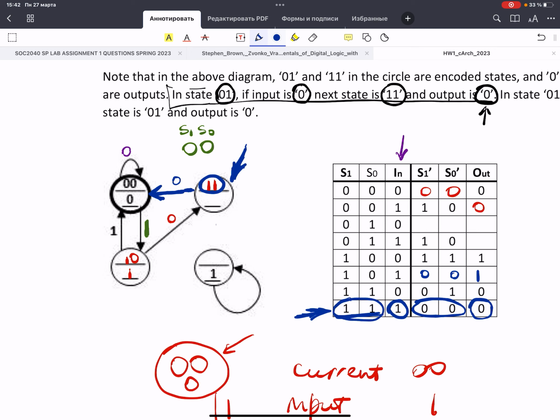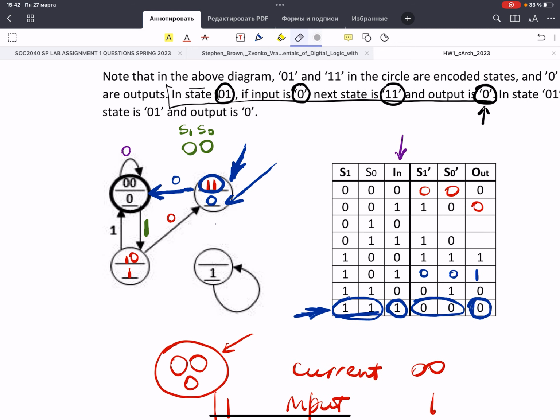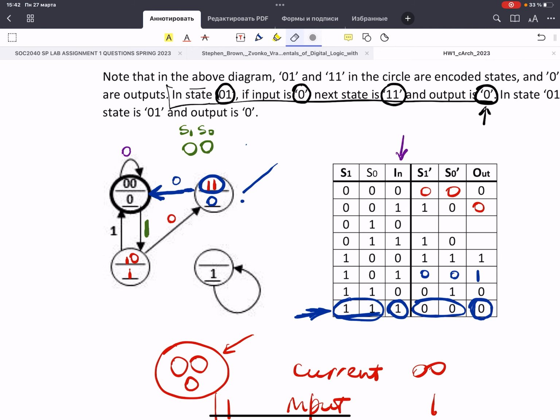So we have to write this output value below the current state, and this is going to be here. I'm writing 0. I think now you see how to fill this finite state machine diagram, filling it using assumptions based on analyzing this truth table.